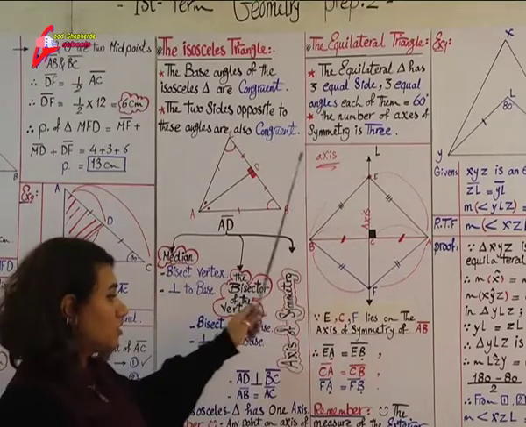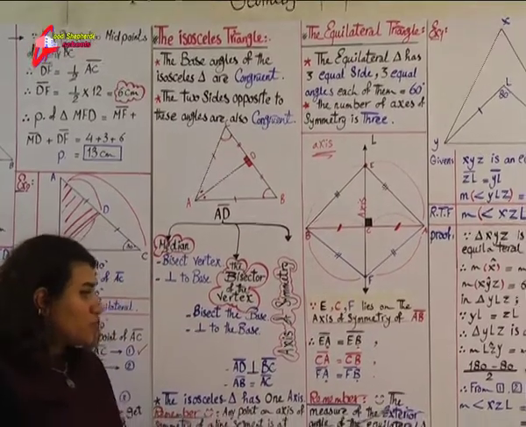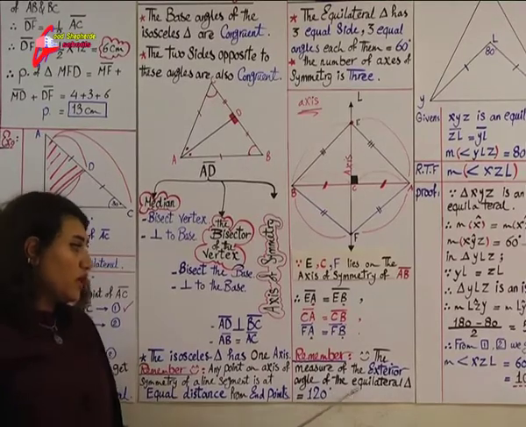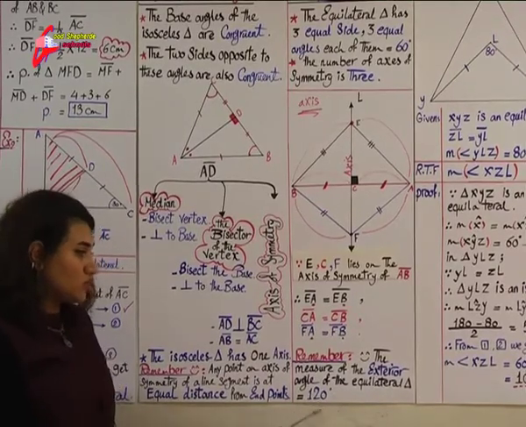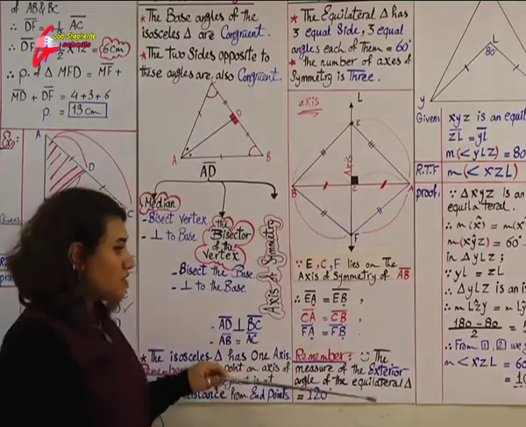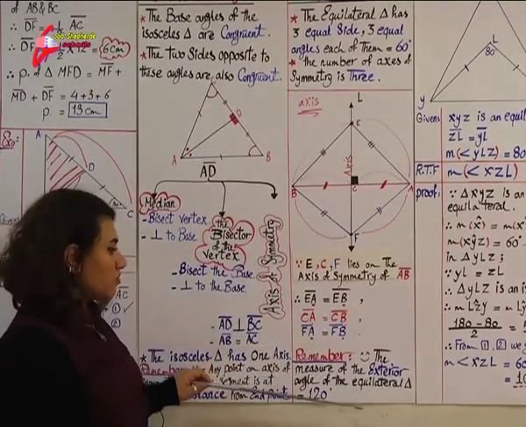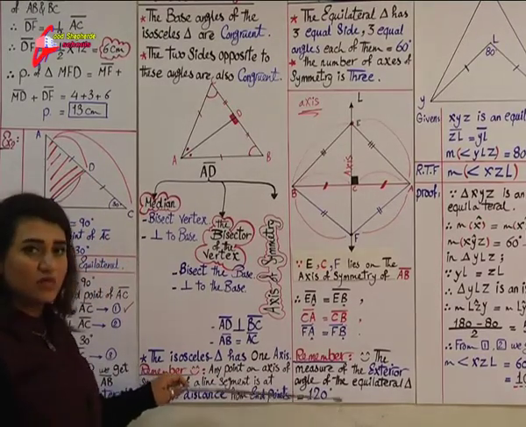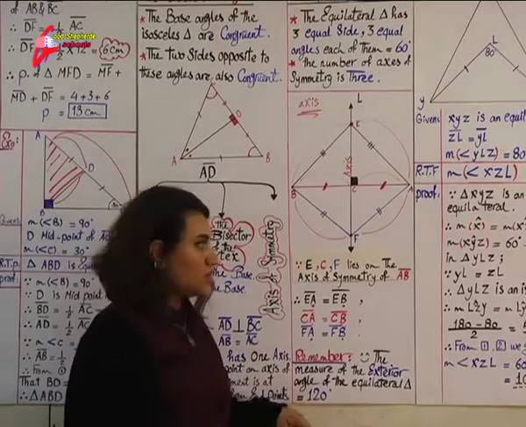That is about the equilateral triangle. Also remember that the measure of the exterior angle of the equilateral triangle will be 120 degrees, because the interior is 60, and they are supplementary to each other and come on one line.